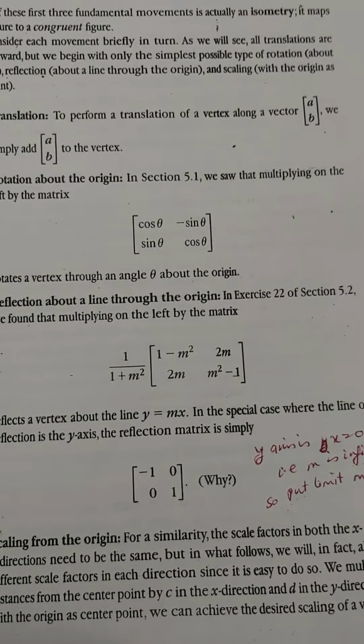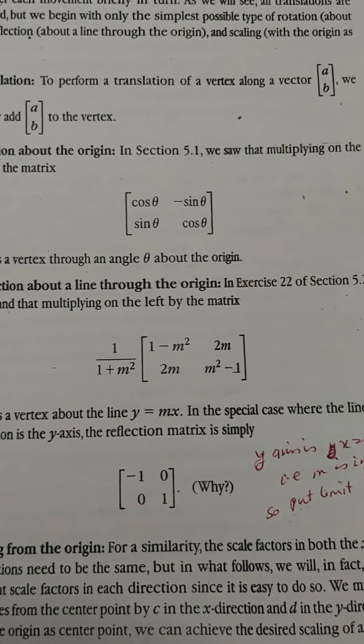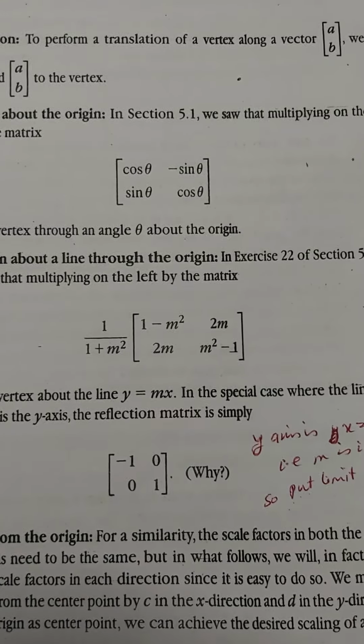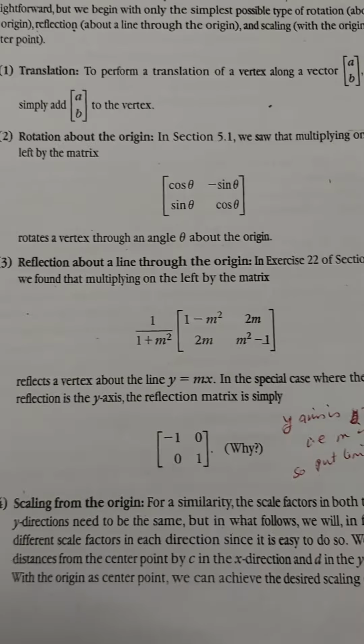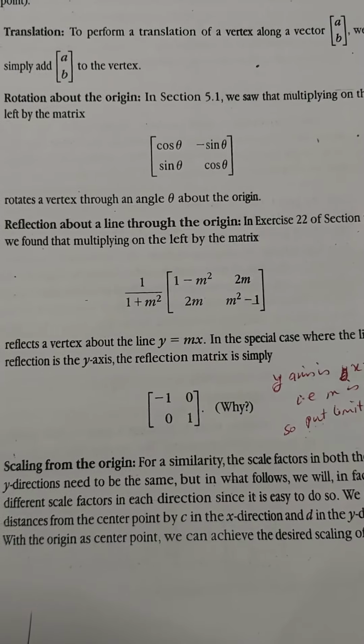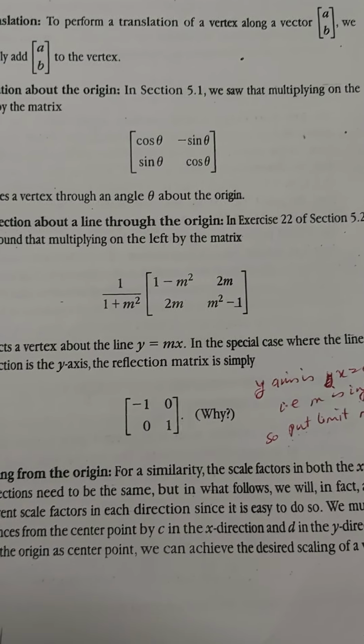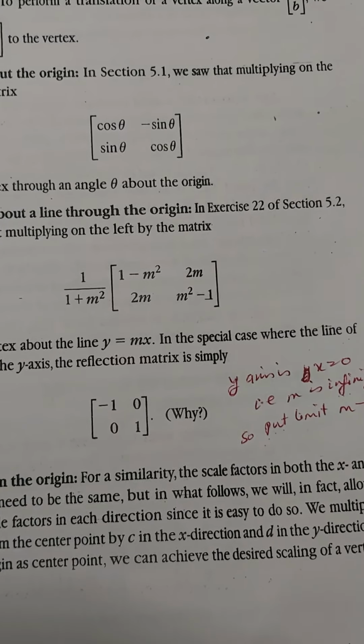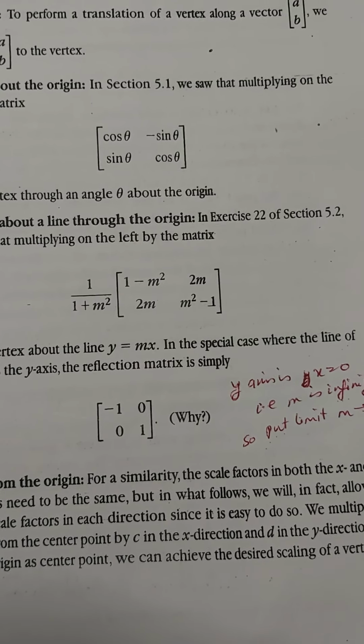If we multiply any R2 vector by this matrix, it will reflect that vector along the line y equal to mx. As a special case, when the line of reflection is the y-axis, then we have to multiply by this matrix: minus 1 0, 0 1.